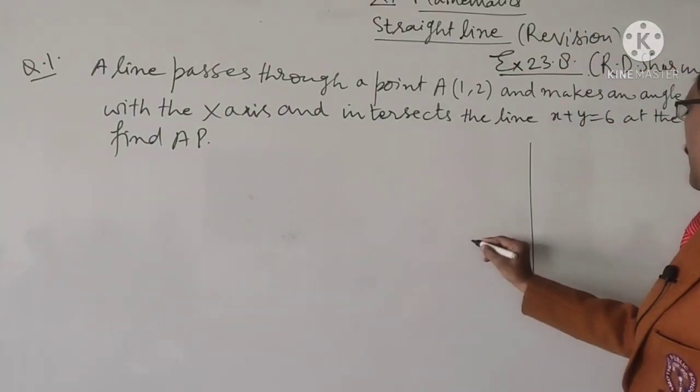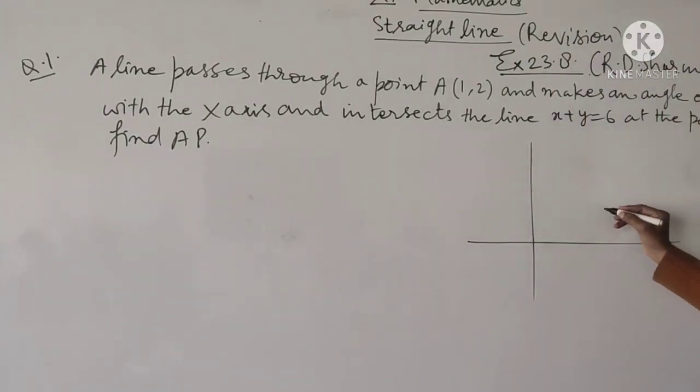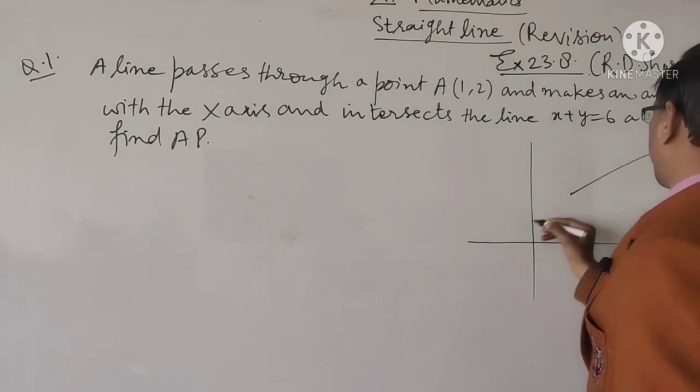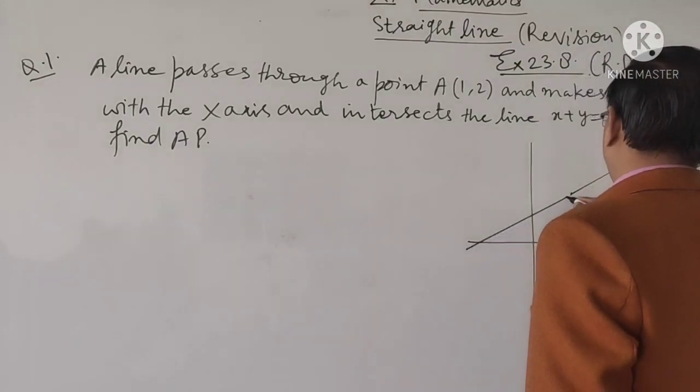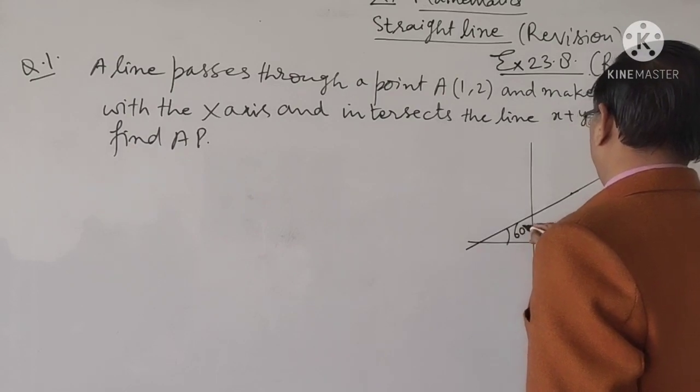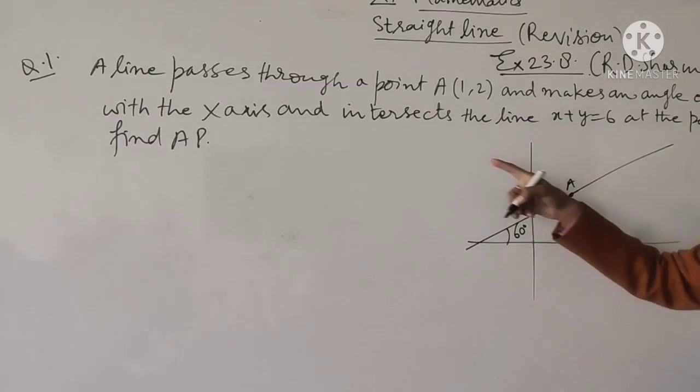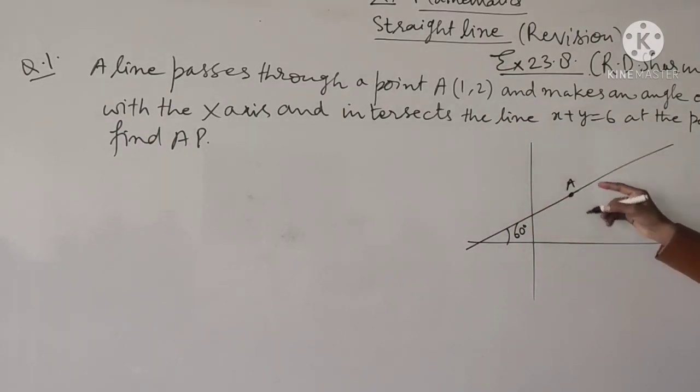So there is a line that passes through the point 1, 2. Suppose that is there, and it makes an angle 60 degree with x-axis, and intersects the line x plus y equal to 6.